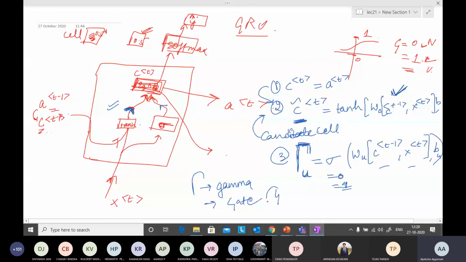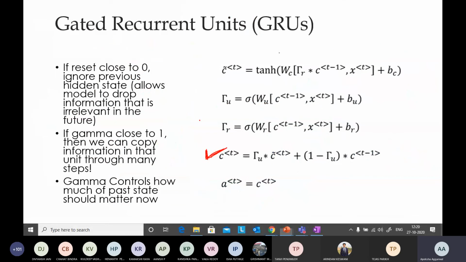The fourth equation is the final cell state. What is the final output? The final output depends upon whether my cell state was replaced by the candidate or not. So the fourth equation is this one over here, which is executed at this place, equation 4.